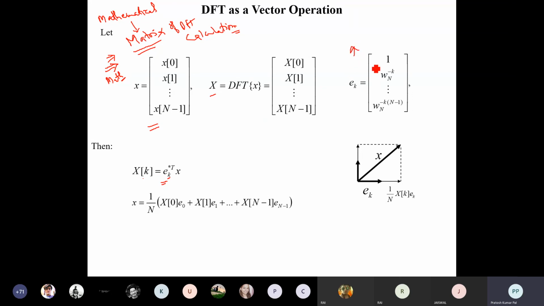So we make a Twiddle matrix and multiply it with the input signal matrix. The Twiddle matrix multiplied by the input matrix gives the DFT.